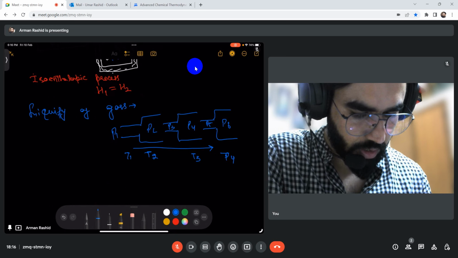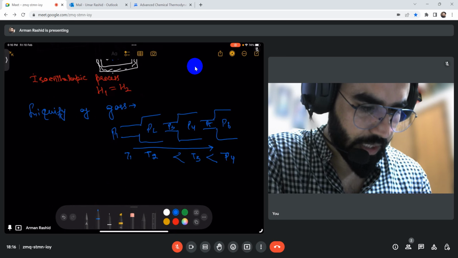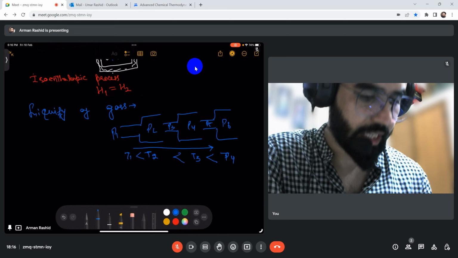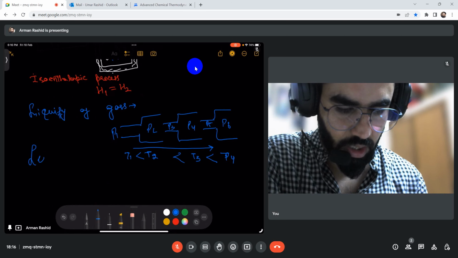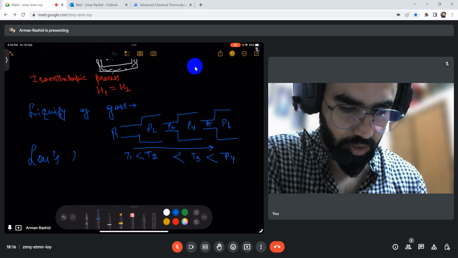At every step, the temperature will get decreased. As a result, this T4 is very low as compared to the melting point of the gas, and it gets liquefied. So this process is sometimes called the Linde liquefaction process.